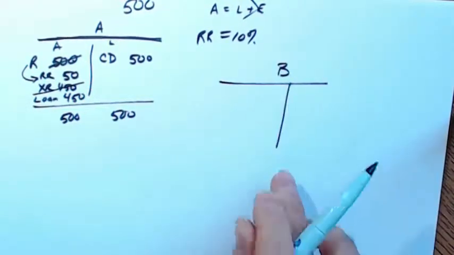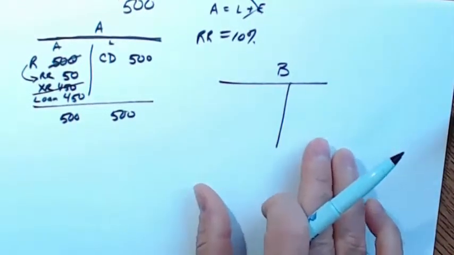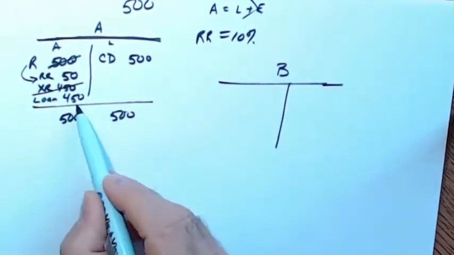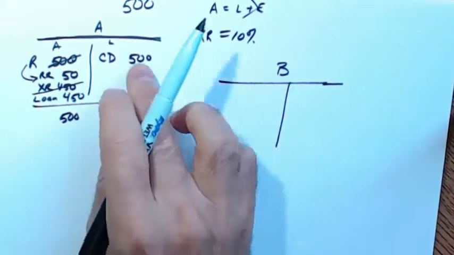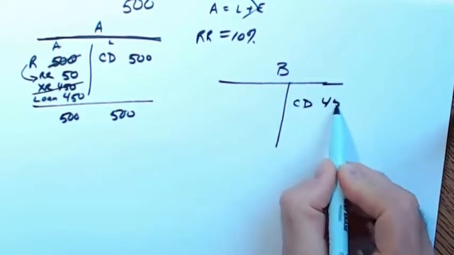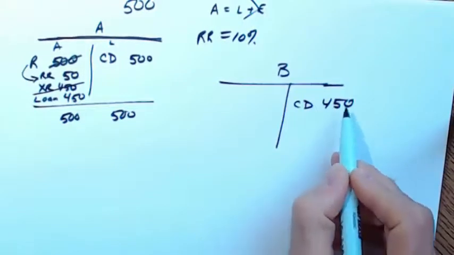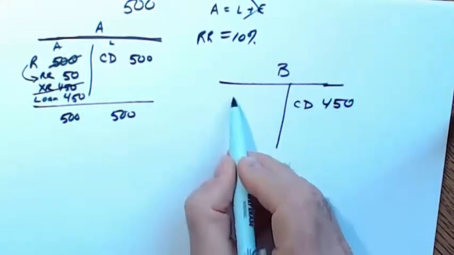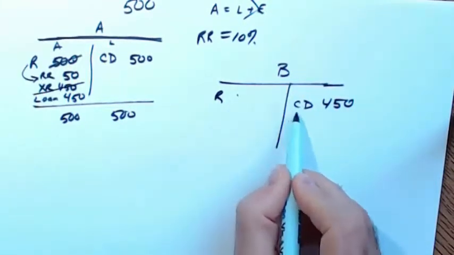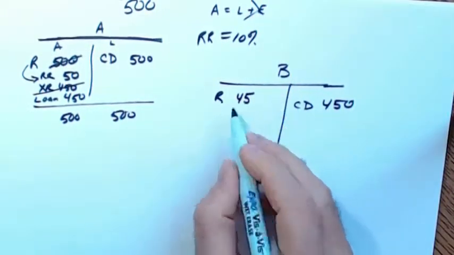So now, the person who gets this loan is going to, and we assume for simplicity, deposit it in another bank. The reason we assume it's deposited in another bank is it keeps the bookkeeping a little easier. There's no reason why this 450 couldn't be redeposited in Bank A. But let's put it in Bank B. So Bank B's checking deposits are going to go up by $450, because let's say a construction company borrows the $450 and puts that money in Bank B. And so Bank B is going to have required reserves of 10%, $45, they're going to have to keep on hand.